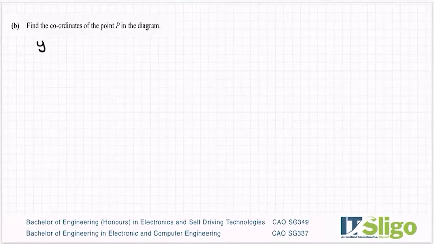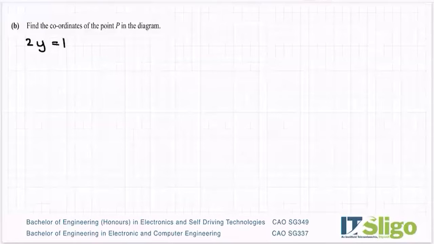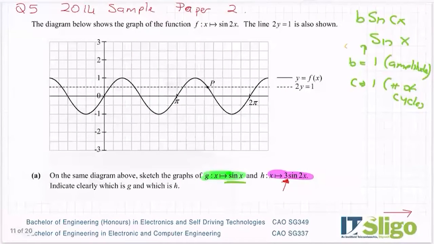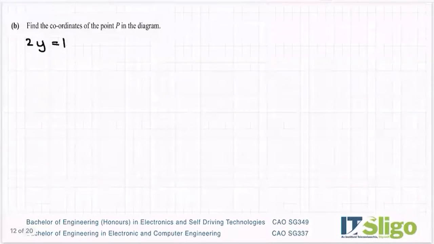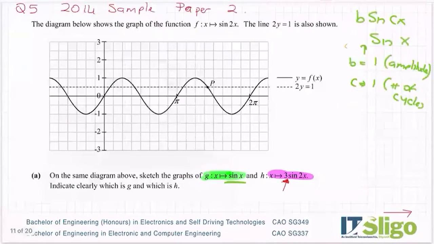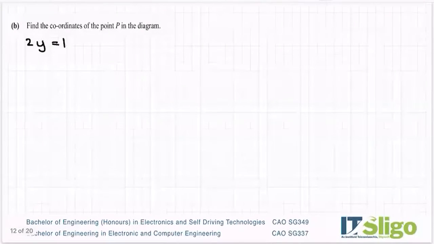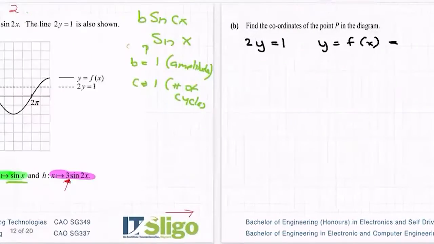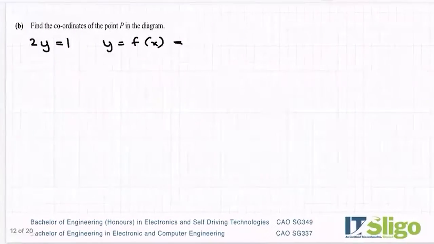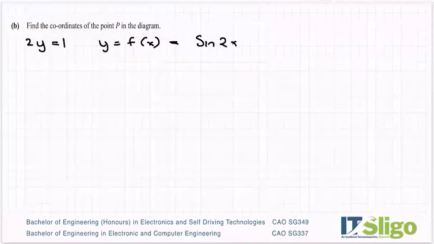2y was equal to 1, and y was equal to f of x, and f of x was sine 2x. So P is the point where these two equal each other.